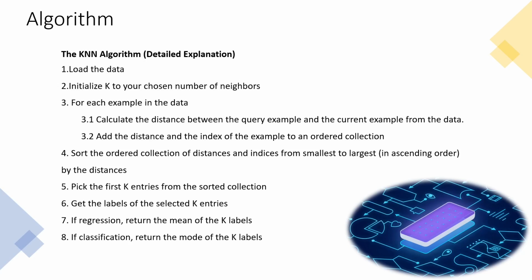Then we get the labels of the selected k entries for majority voting. If we are solving a regression problem, then we return the mean of the k labels, and if we are dealing with a classification problem, we return the mode of the k labels, which gives you the majority voting of those labels, right?